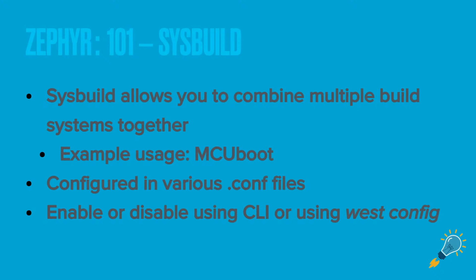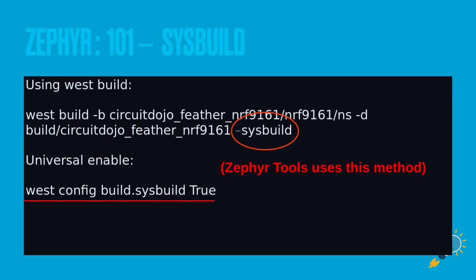There's a bunch of different ways to configure it. There's actually a West command line entry. There's also some config files, so the sysbuild.conf and also the sysbuild folder. So we will dive into a little bit of that. In order to invoke it, right now in Zephyr 3.7, in NCS 2.7, I believe you can still invoke West, and it will not use Sysbuild. So right now, you do need to include the sysbuild flag, or you need to enable it using West config.